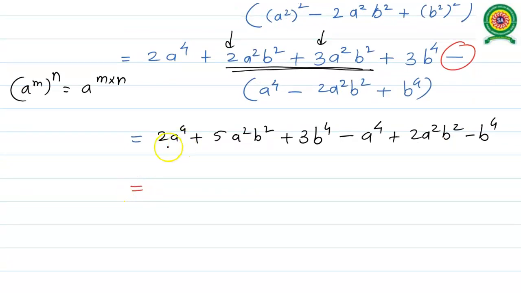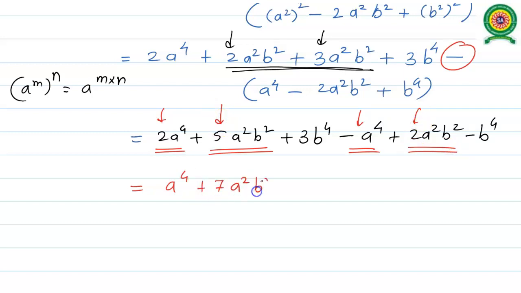We get 2 times a raised to 4 minus a raised to 4, those are like terms, so 2 minus 1 is 1, so 1 into a to the power 4. Now 5a square b square and 2a square b square are like terms, so 5 plus 2 becomes 7 times a square b square. Now 3b raised to 4 minus b raised to 4 are like terms, 3 minus 1, we get 2 times b to the power 4.